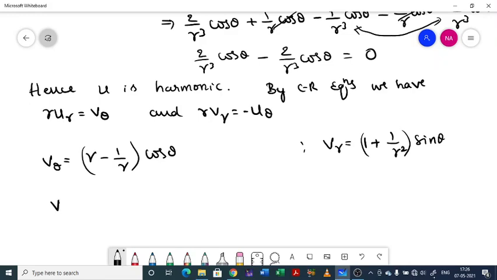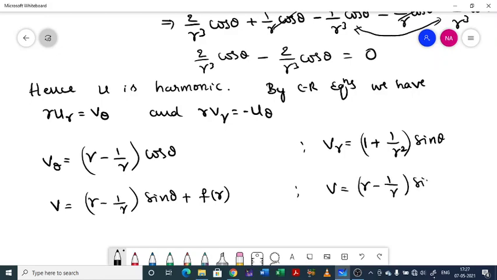So integrating, this will be r minus 1 by r sin theta plus, as I am integrating with respect to theta, a function of r, and here v will be r minus 1 by r sin theta plus g of theta.